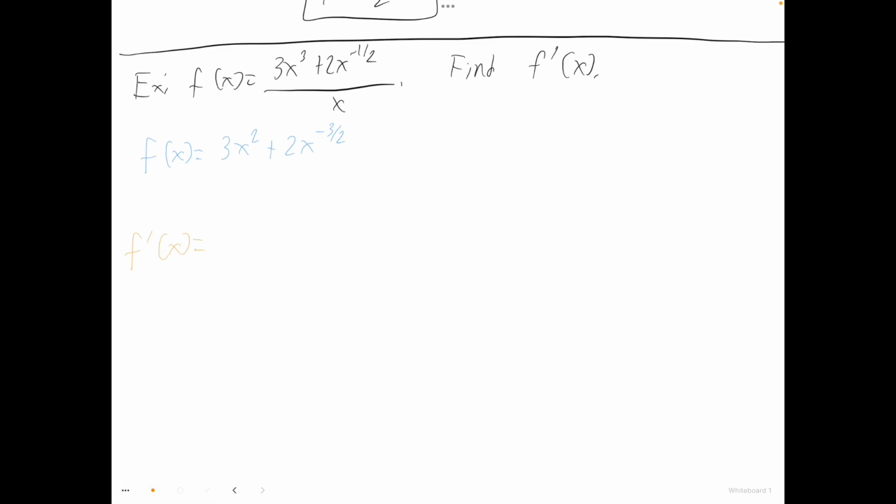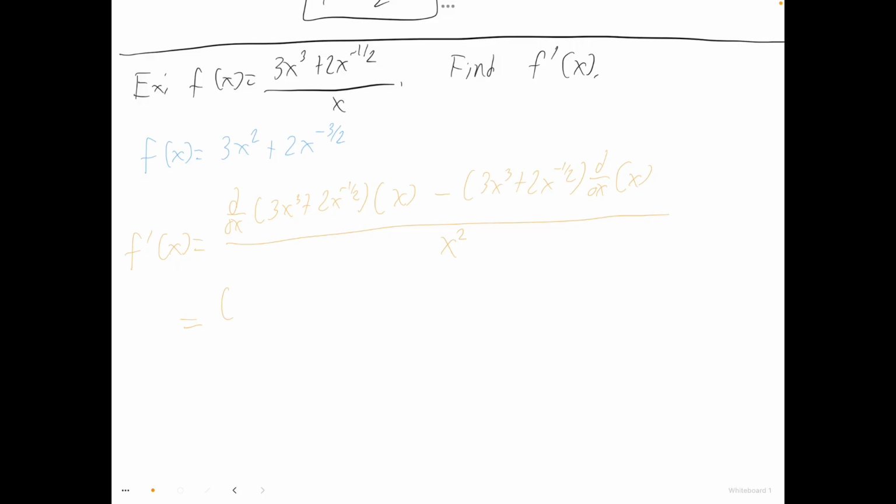So the derivative of f under the quotient rule is going to be the derivative of the top times the bottom, which is x, minus the top, which is 3x cubed plus 2x to the minus 1/2, times the derivative of the bottom, so the derivative of x, all divided by the bottom squared, which is just going to be x squared.